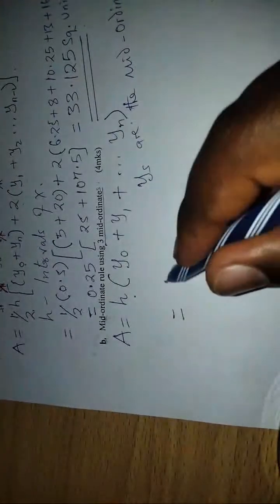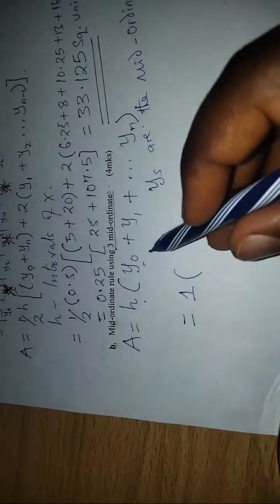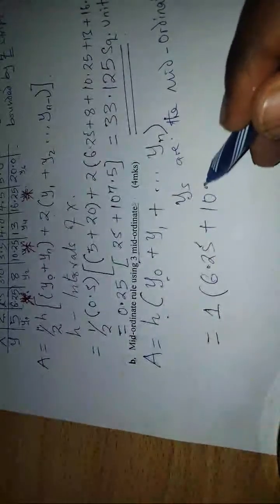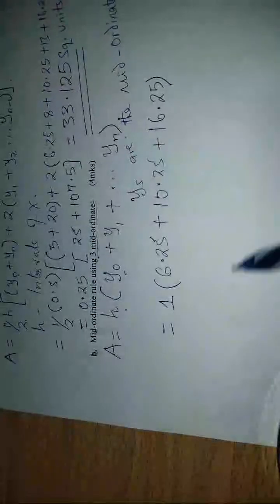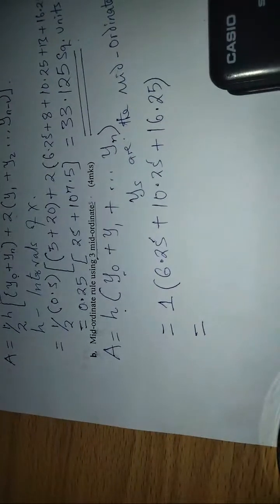Therefore, I'll begin with 1, then multiply it with the first y, which is 6.25, the first mid-ordinate, plus 10.25 plus 16.25.